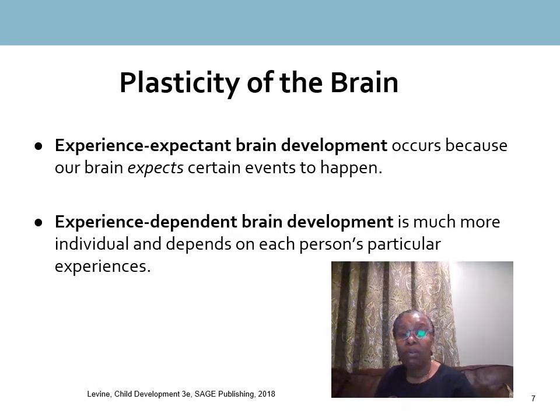However, until a child is around 4 or 5, one hemisphere can be removed to treat otherwise untreatable conditions such as epilepsy, and the child can recover almost full function at that age.